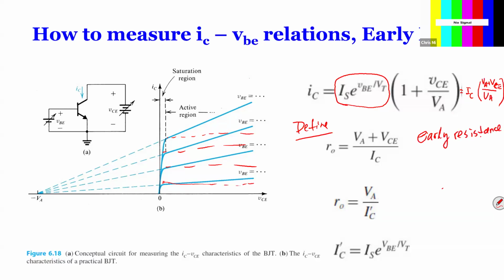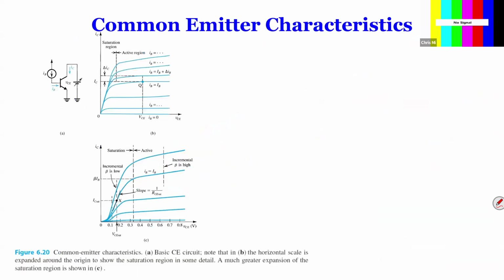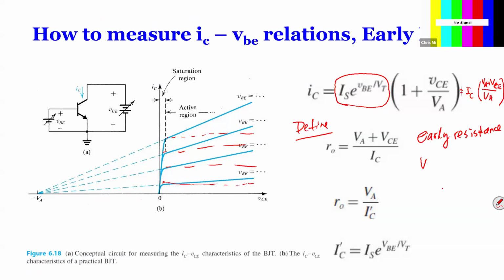This is similar to what you can remember in the MOSFET. We also have the definition RO. And from here, because VCE is small, we got to this point.